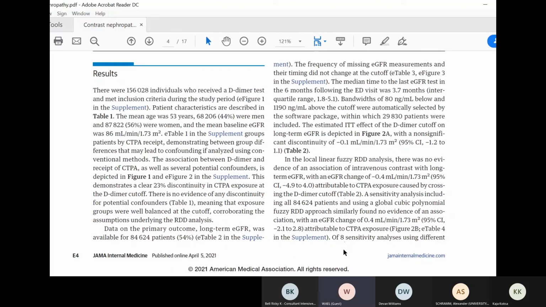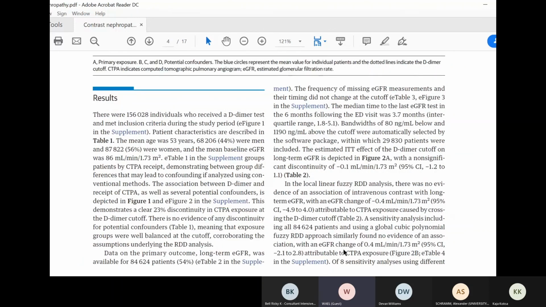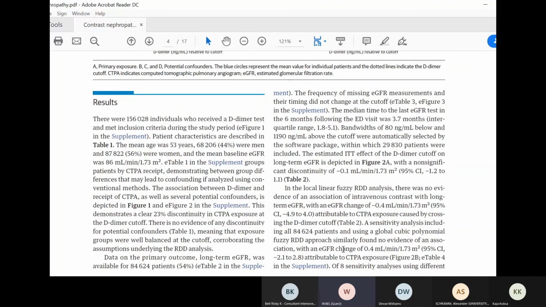The data on the primary outcome, long-term eGFR, was available for about 84,624 patients, which constitutes about 54%. The frequency of missing GFR measurements and their timing did not change at the cutoff point, which contributes to the accuracy of the study.